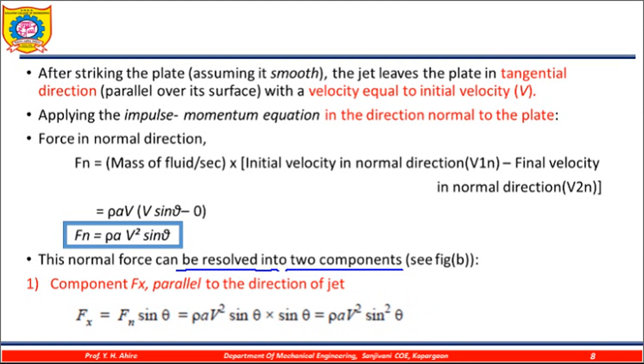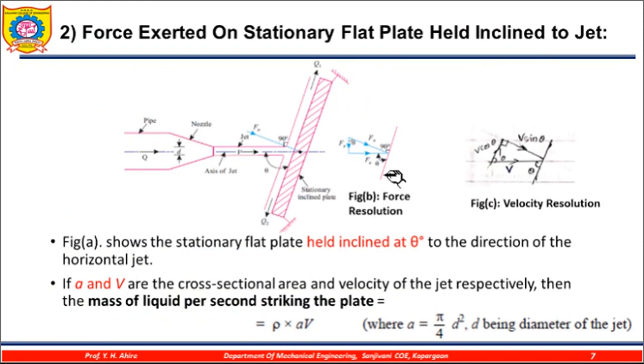Now please see this properly. We are trying to resolve the force which is already established. What is the established force? That is Fn. Here it is Fn, and it is perpendicular to the plate.